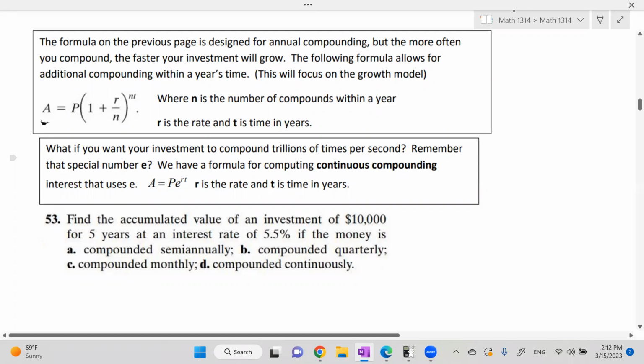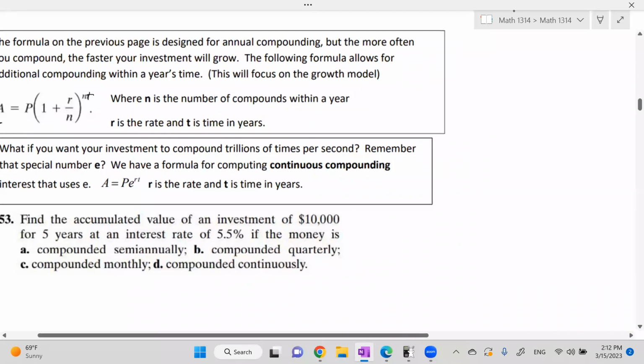The future value A equals P, the initial amount, multiplied by 1 plus R divided by N, all of them raised to the N times T power, where N is the number of compounds within a year, R is the rate, and T is the time in years.